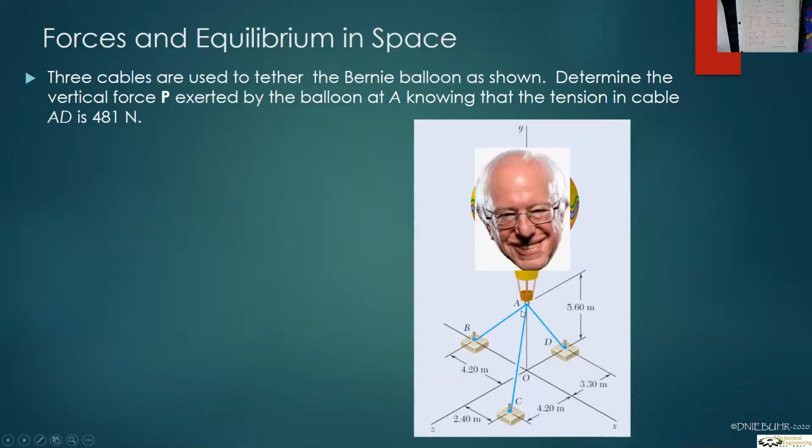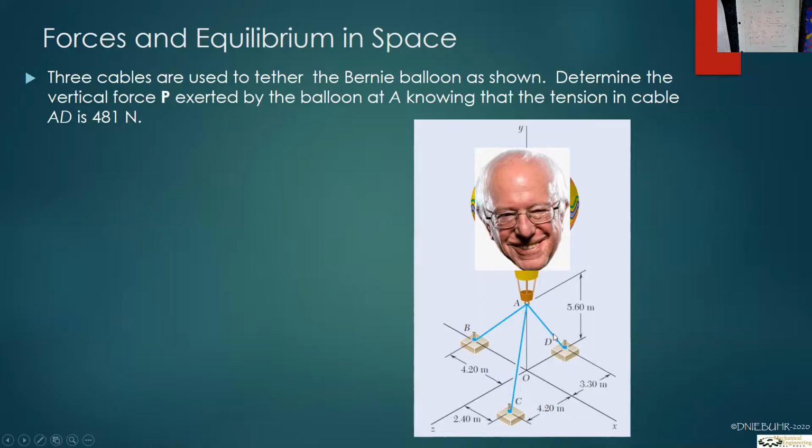So go ahead, find those values. Find the vector AB, find the vector AC, find the vector AD. Once you do that, you're going to multiply through with your scalar value. Now the scalar value of AB and AC is unknown at this point, so you just multiply it through by tension AB, tension AC.